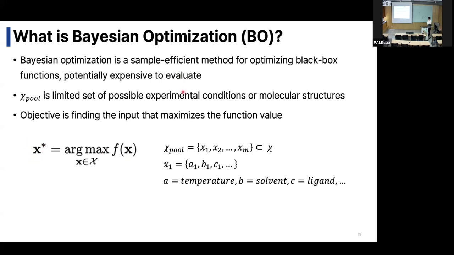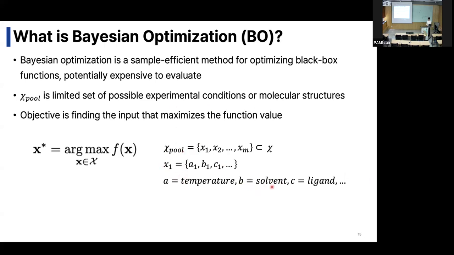Let's look at a simple example. Suppose we have a pool of candidate inputs, x pool. This pool represents a limited set of experimental conditions for molecular structures. Each element in this pool encodes a different experimental condition, such as temperature, solvent, and ligand. Let's say we vary temperature from 0 to 10 in increments of 1, so a total of 11 values.